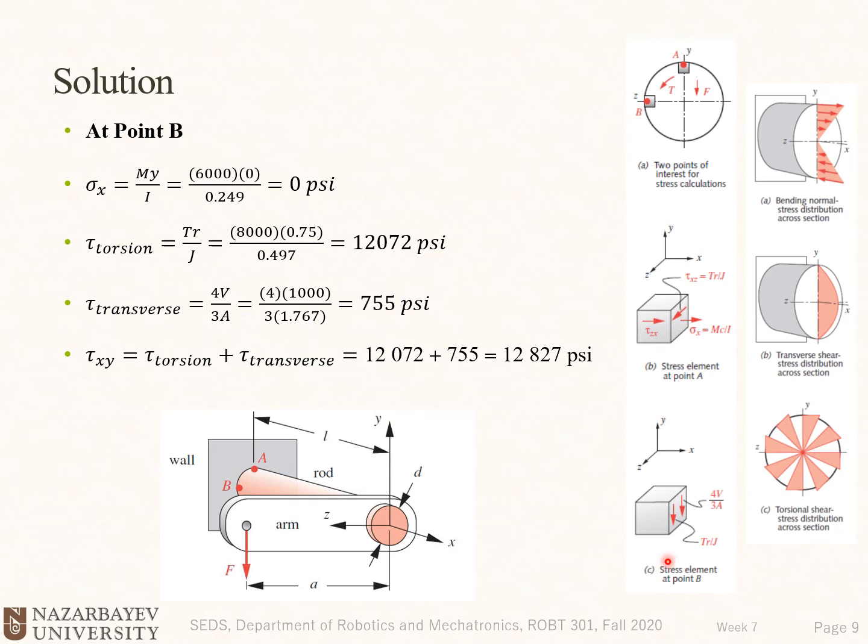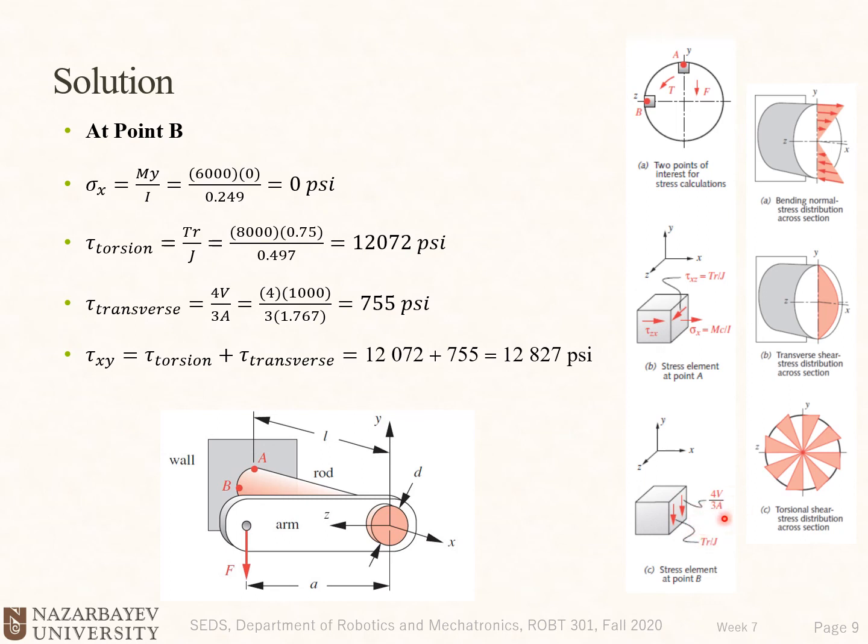Now we need to move on to the Mohr's circle and see how much the principal normal stress and shear stress are on point B. Here we need to first complete the stress element at point B. We see that sigma x is 0. We only have these two shear stresses.